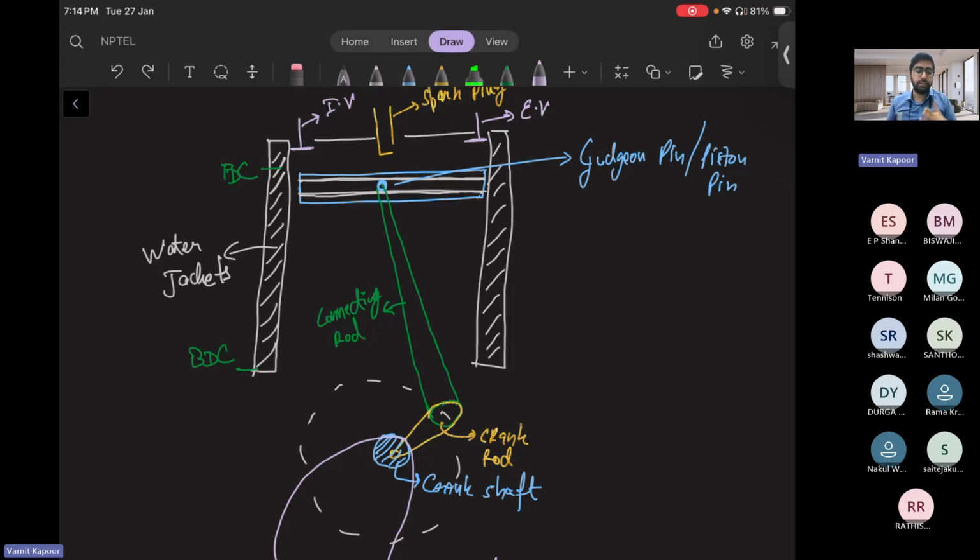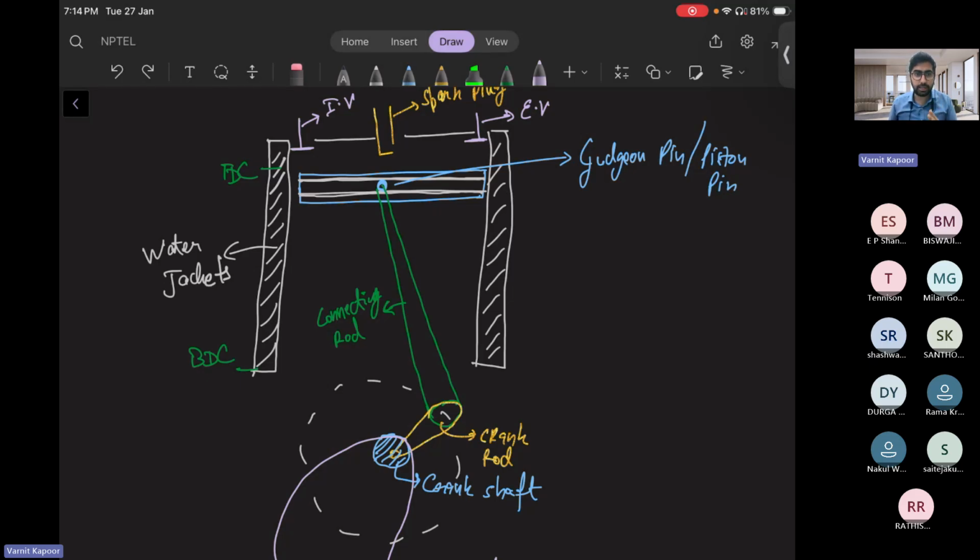So alternating cyclic loading is happening. That's why your gudgeon pin is under fatigue loading, complete cyclic or reversible loading. So it is made of very high strength material, that is forged steel, and it is a ductile material.